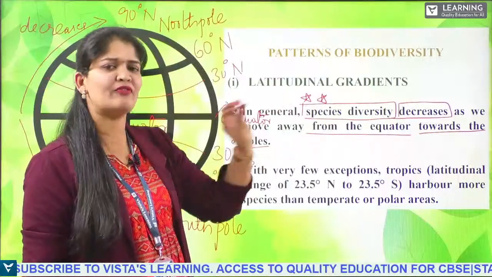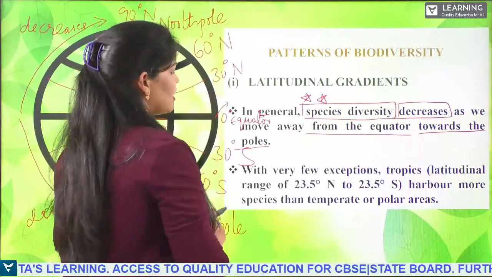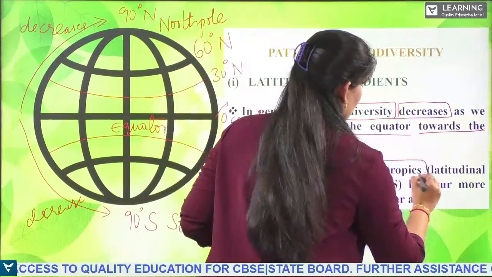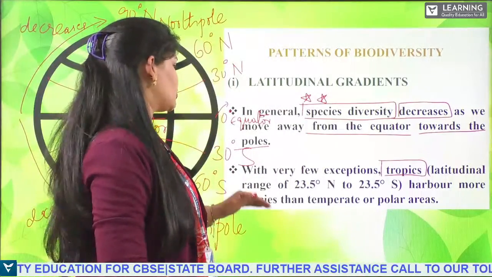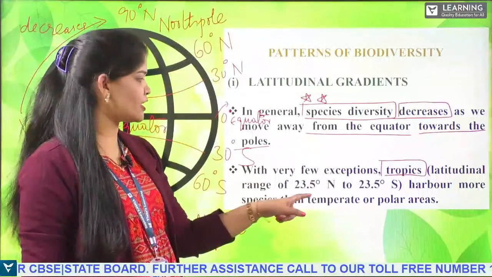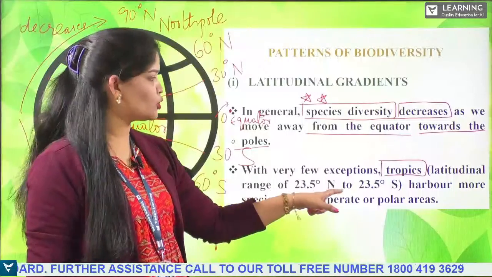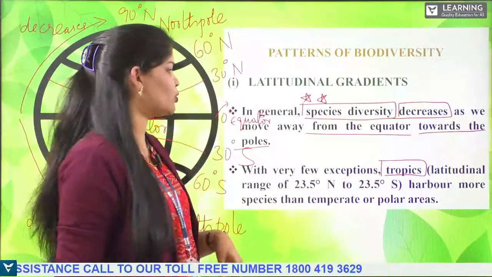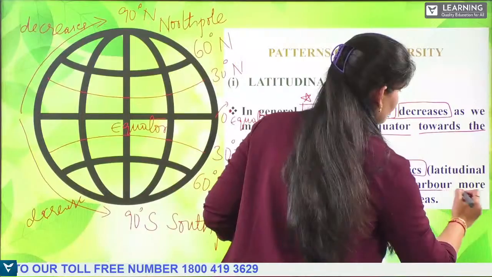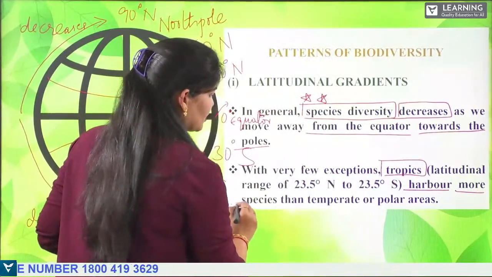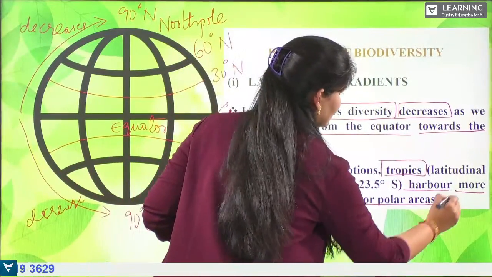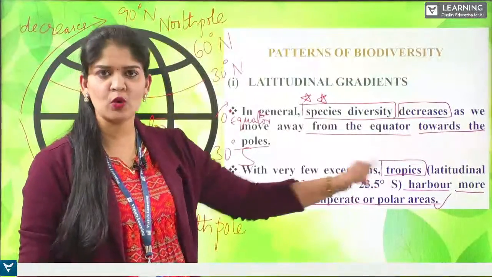For this statement, there are very few exceptions. The tropics, with a latitudinal range of 23.5 towards North Pole to 23.5 towards South Pole, harbor more species than the temperate or polar regions.